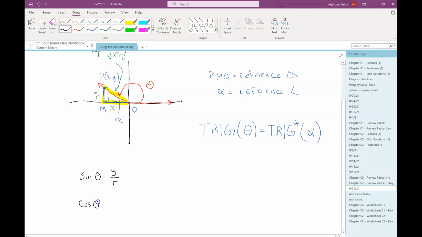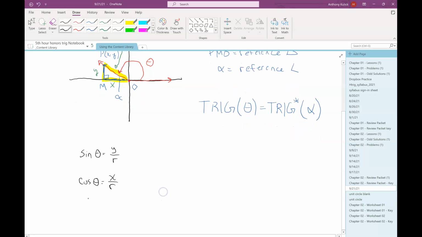Cosine theta is adjacent, that's x, over hypotenuse, that's r. Tangent theta is opposite, that's y, over adjacent, that's x.